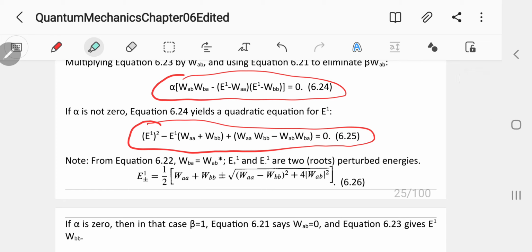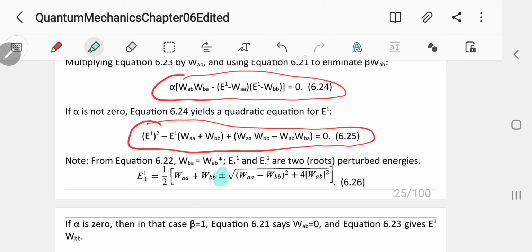So now you have two roots for the first order energy corrections for the degenerate perturbation theory. One is E plus 1 and the other is E minus 1, and they just differ here.